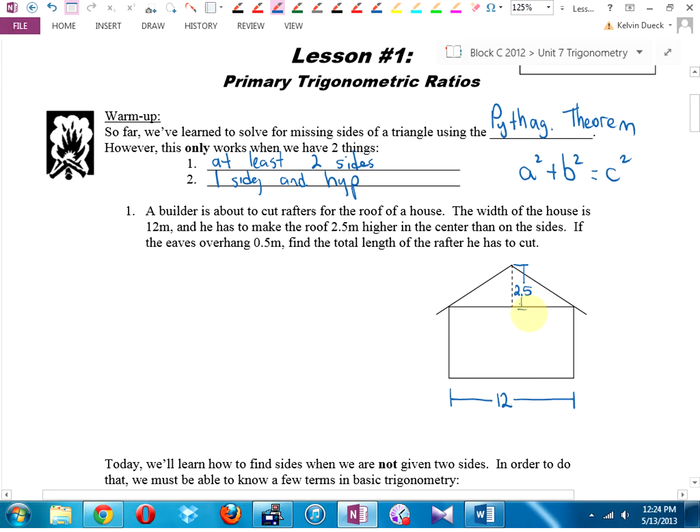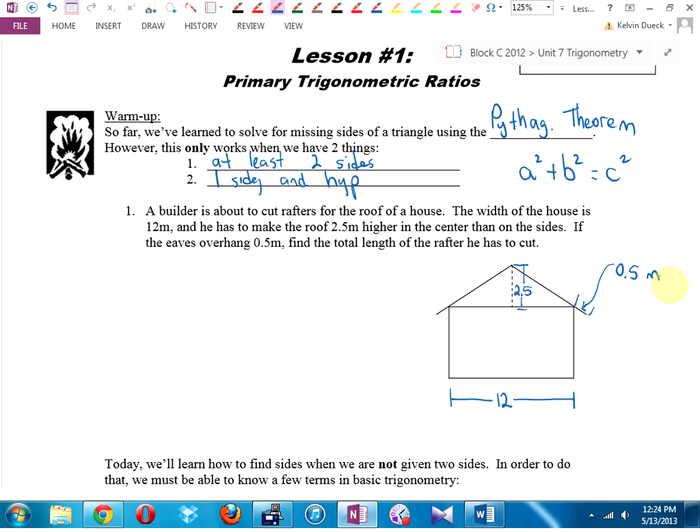Oh, and then it says the eaves overhang 0.5 meters. So that little distance right there is going to be 0.5, half a meter long. Find the total length of the rafter he has to cut.